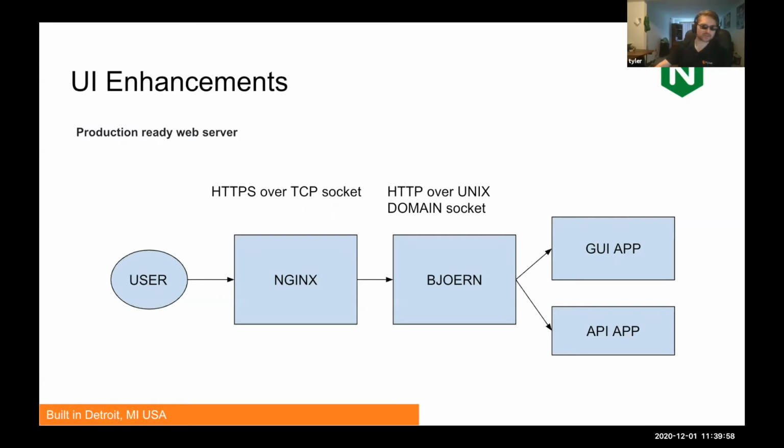And the Gunicorn app server is a very, very fast, very reliable app server that we can depend on. And we're using that over domain sockets now as well. So that's another big change. That's another performance increase over TCP sockets on the back end. And all of this puts the package together into a more reliable server stack.